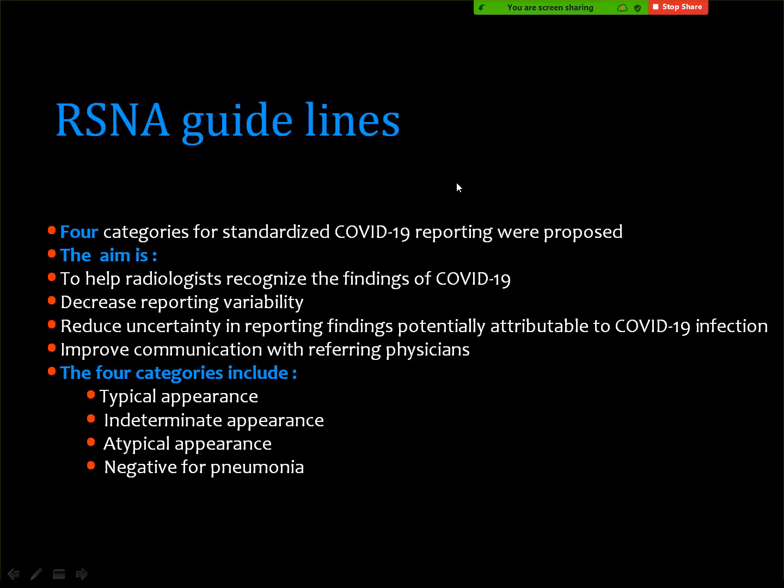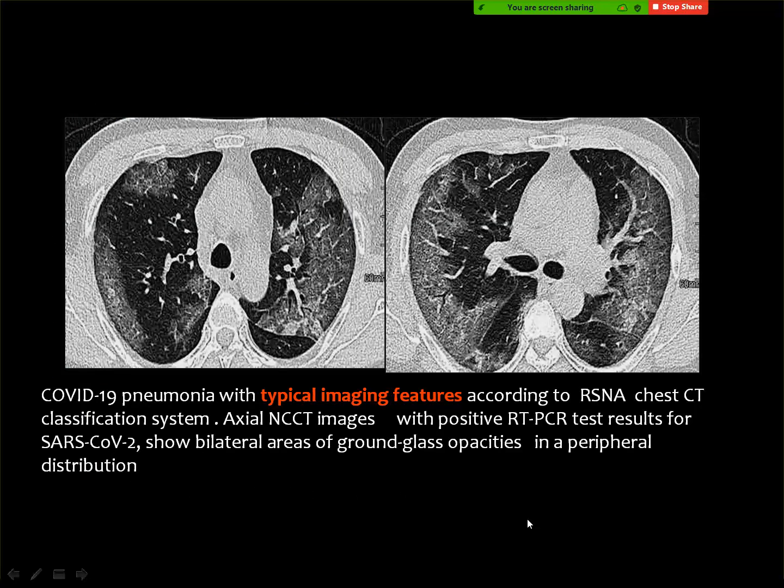But these are the recent RSNA guidelines for COVID-19. Actually, there are 4 categories standardized for reporting of COVID-19. They include the typical appearance, the indeterminate appearance, the atypical appearance, and the normal finding, which is negative for COVID-19 pneumonia.